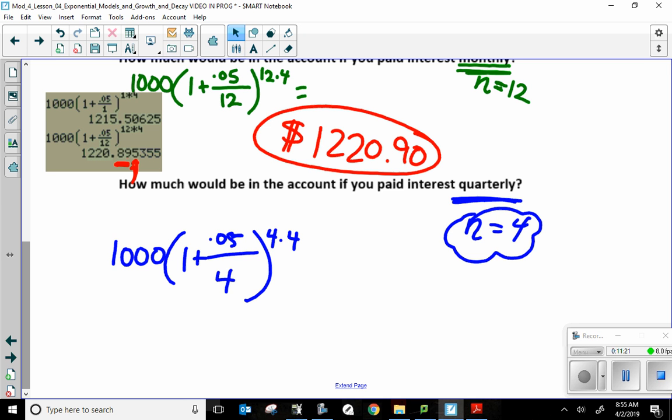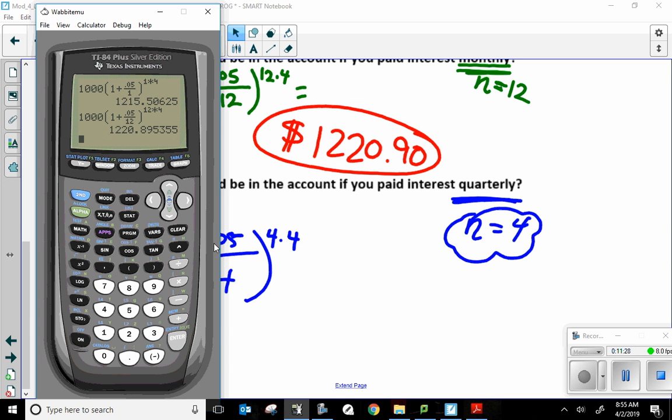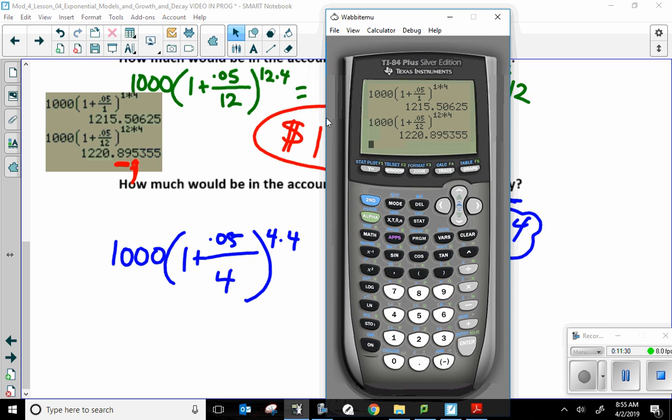I'm going to go back to our handy-dandy calculator. Everything is going to be the same, but my N is going to change to 4. This 12 and this 12 will change to 4. So I go up here, I hit enter. And I go down here, I hit 4, and I make sure I delete that 2.